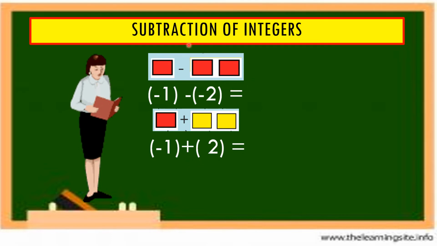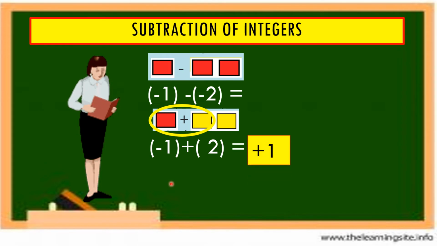This -2 will become +2 and the operation subtraction will become addition. And we proceed to the process of addition of integers. We have 1 plus -1, that is 0. Therefore, what is the result? The result is +1.